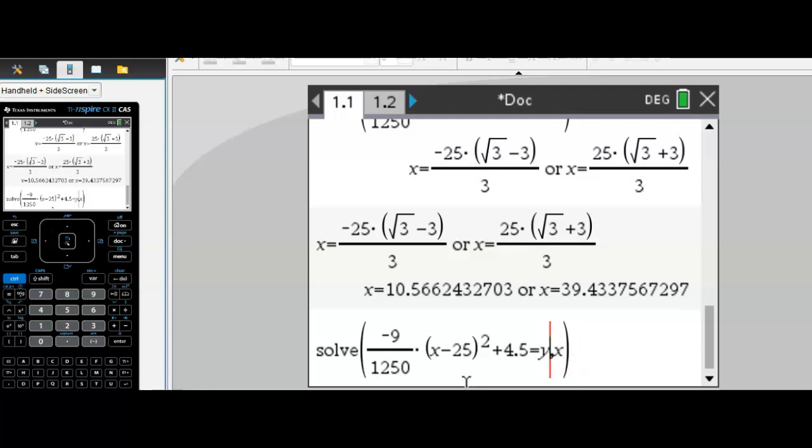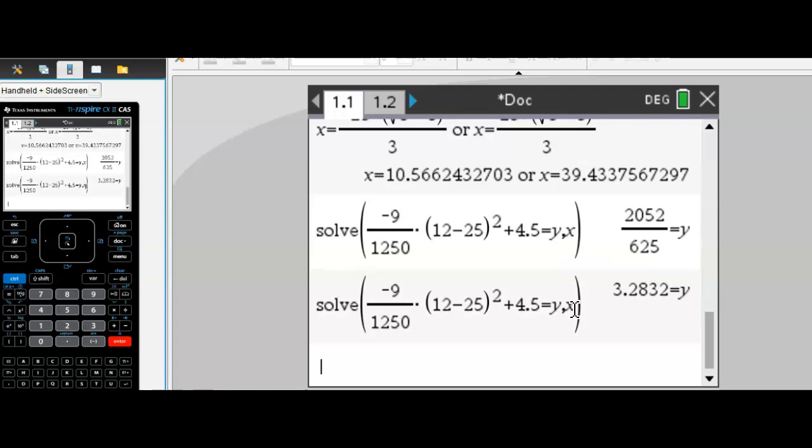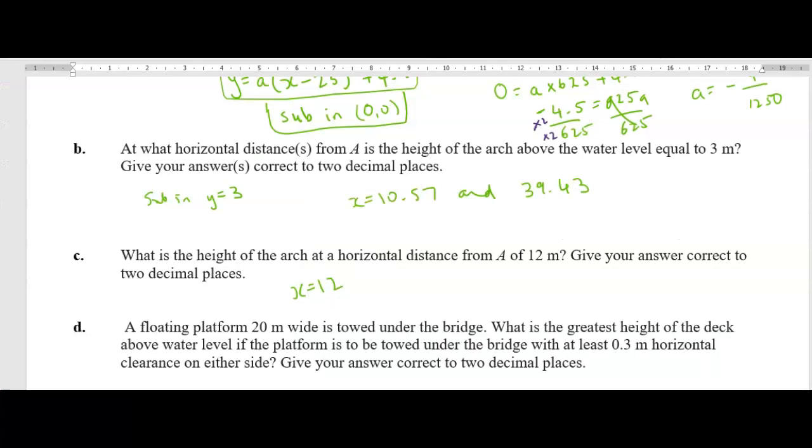This time we're solving for y, so I'm going to put y in. If you want to put h in, that's fine. And x is 12. Okay, so let's just press enter. Then we get a fraction, so let's put in decimals, so 3.28.